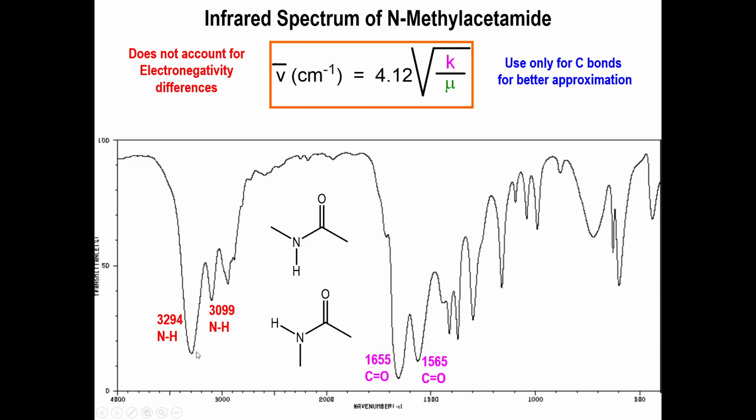However, there's one little caveat to this, and that is that, technically speaking, the rotation about this bond is semi-restricted because of the predominance of the lone pair of nitrogen to undergo resonance with the carbonyl carbon. So technically, this is kind of locked in place because you cannot rotate around the double bond character between the nitrogen carbon bond here.